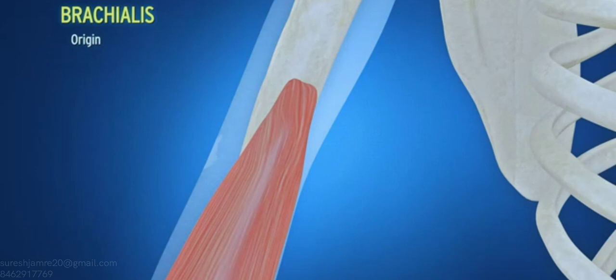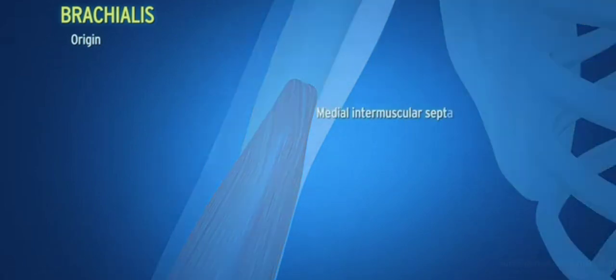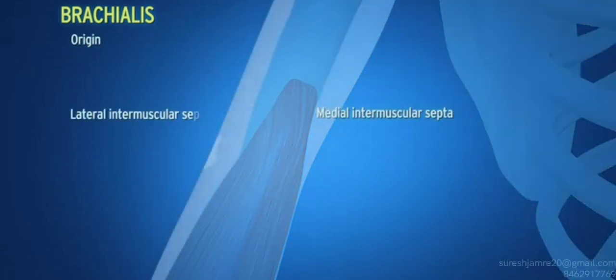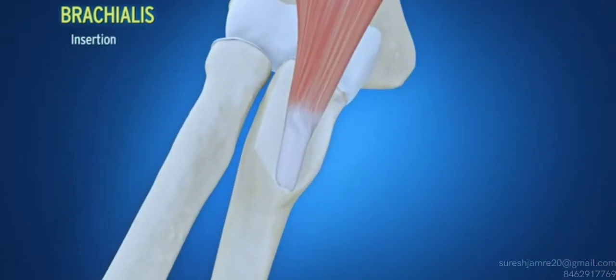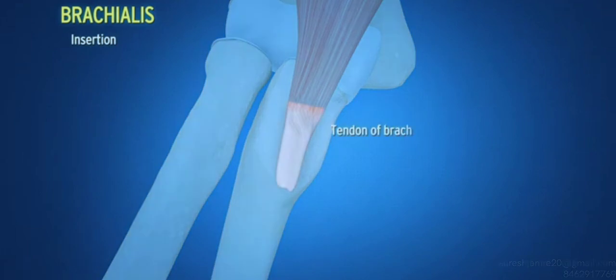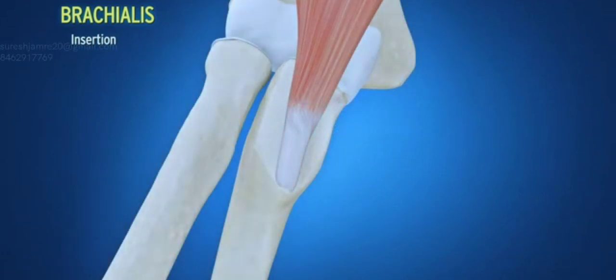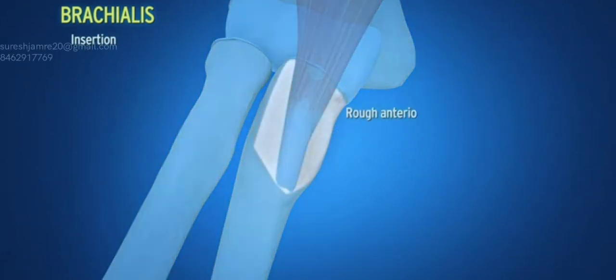Few fibers originate from adjacent medial and lateral intermuscular septa. Insertion. Tendon of brachialis inserts into the rough anterior surface of the coronoid process and ulnar tuberosity.